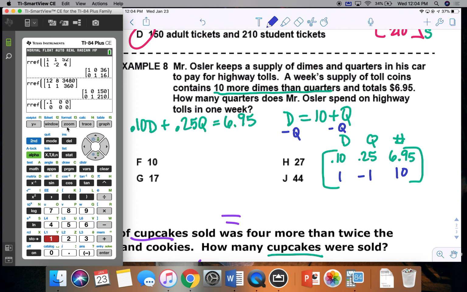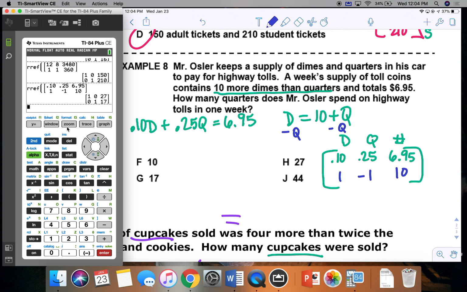So we have 0.10, 0.25, and total money, and then 1, negative 1, and 10. So we get 27 and 17. I'm going to mark out anything that's not either of those. And then remind myself that I put in dimes then quarters. They want quarters, so quarters is 17.